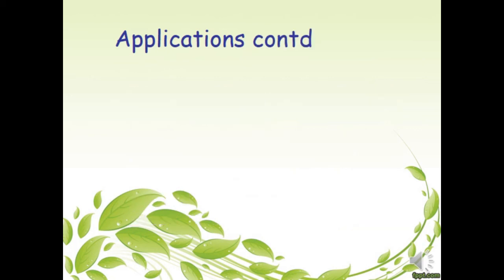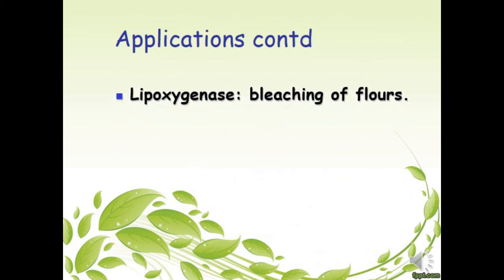So there are many applications of enzymes in the food industries. You don't have to memorize each and every example, but at least you should know a few. This is one of the important enzymes in flour, lipoxygenase.